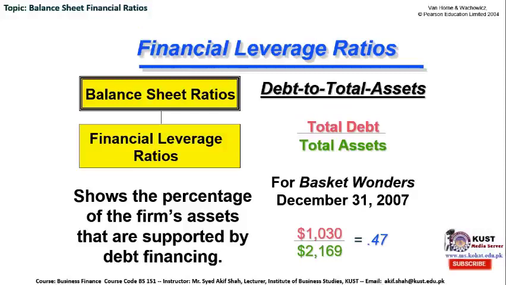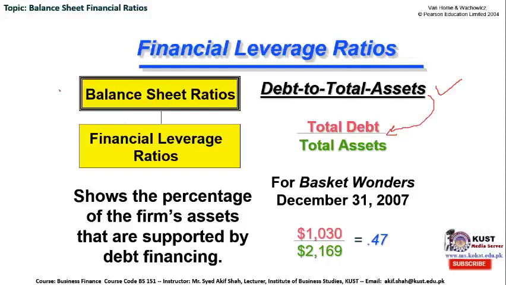Let us discuss the fourth financial leverage ratio, which is known as the debt to total asset ratio. The formula to calculate this ratio is to divide total debt by total assets of the company.